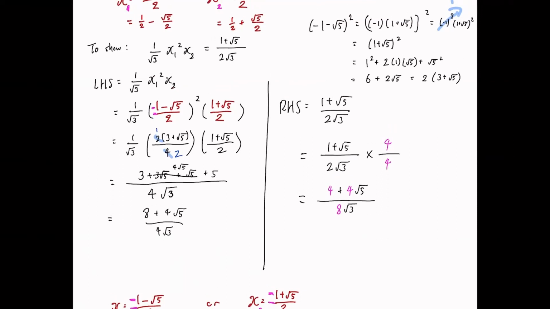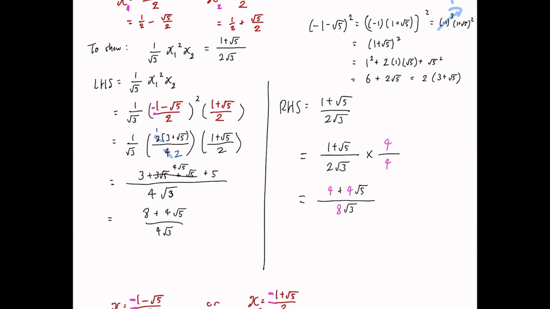Wait. Okay, 2 bracket 3 plus root 5, 4 and 2 cancel. 4 root 5, 3 plus 5 is 8 plus 4 root 5 over 4 root 3. Oh, right.